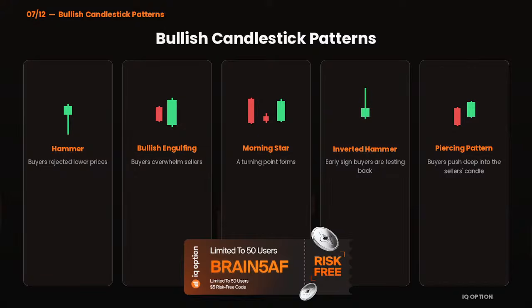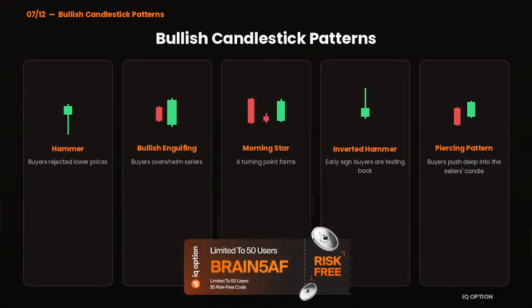It means there's a chance the market is more likely to go in an upward direction. Since the buyers are now waking up, there's a pretty good chance that they are going to come in and take control of the market.